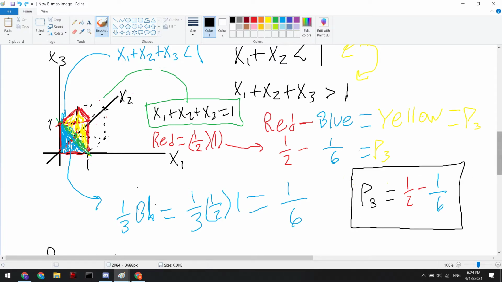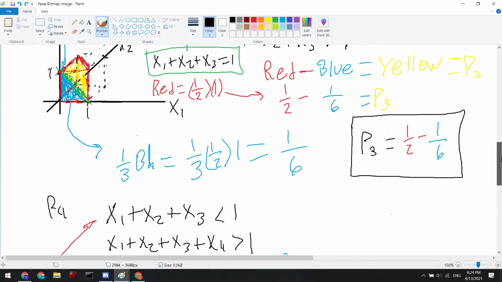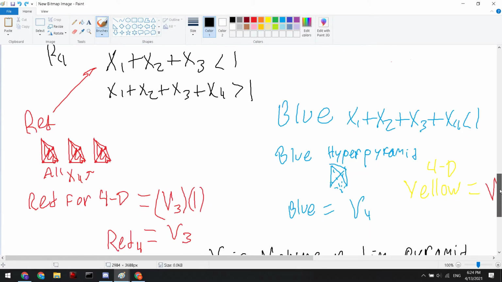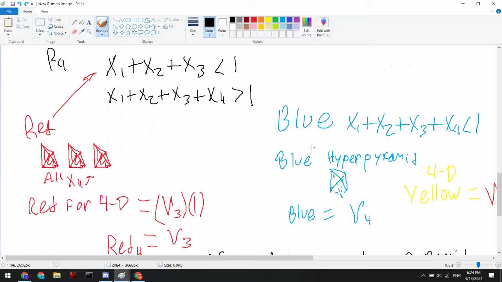Now, we can continue with this idea into 4 dimensions and eventually n dimensions. So for 4 dimensions, what we end up having to realize is that because we cannot visualize it, we need to use the process we've been using in these higher dimensions.